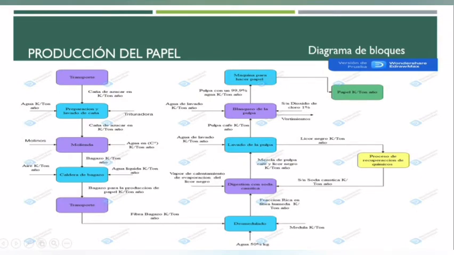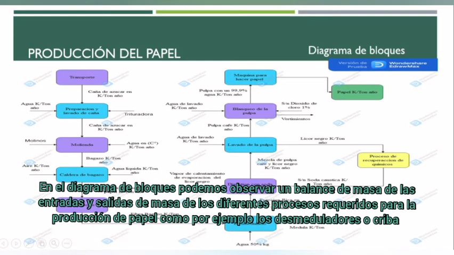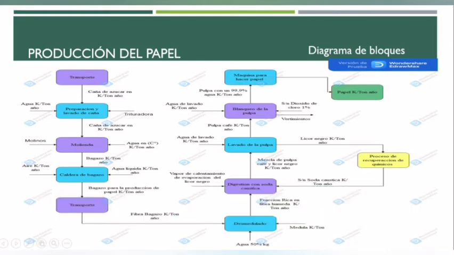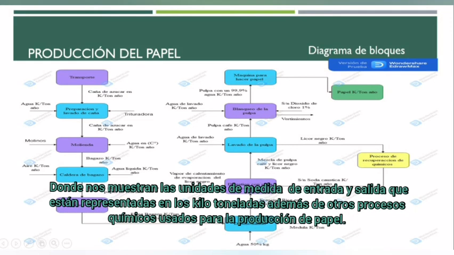In the block diagram, we can observe a kind of mass balance of all the inputs and outputs of the unit processes required in the production of paper, such as the screen or demulator, where you can observe the units of measurement in which each unit process is located.